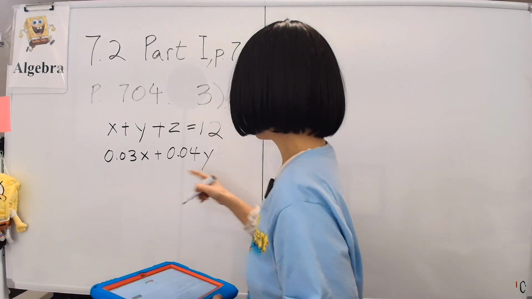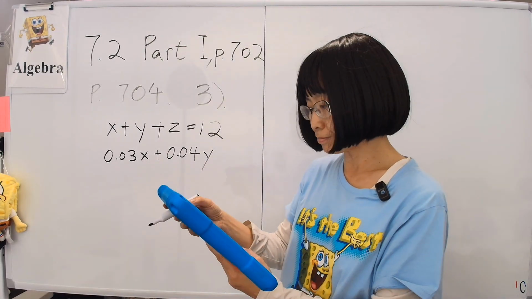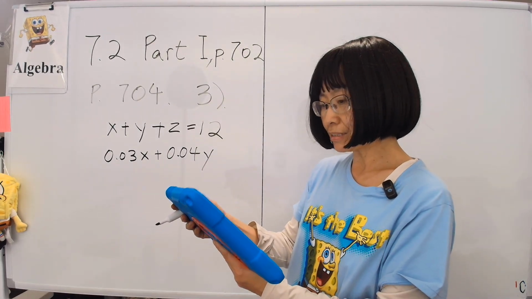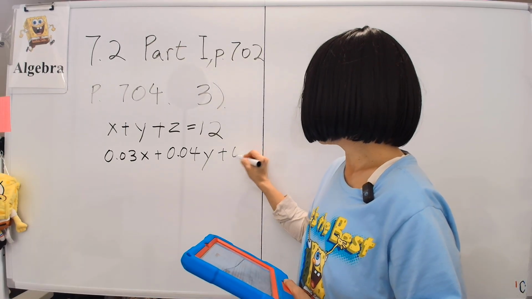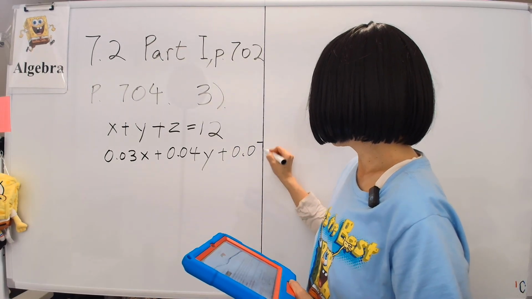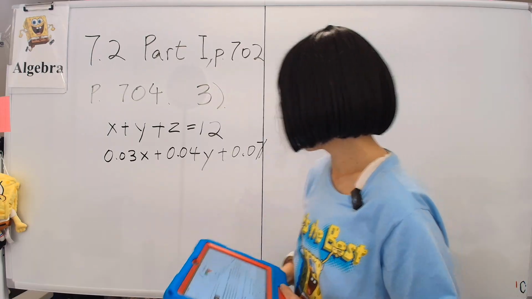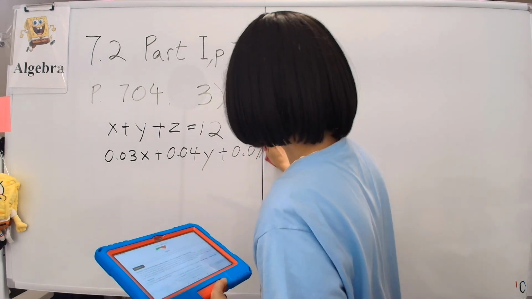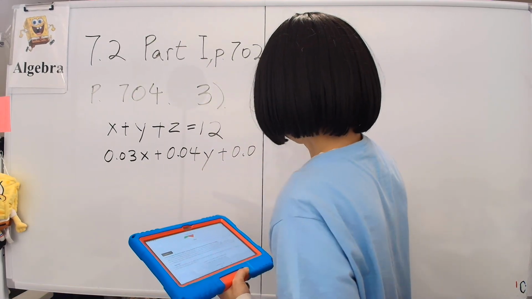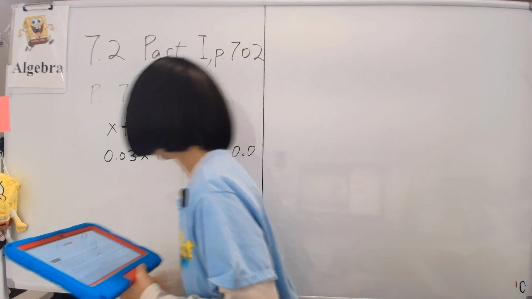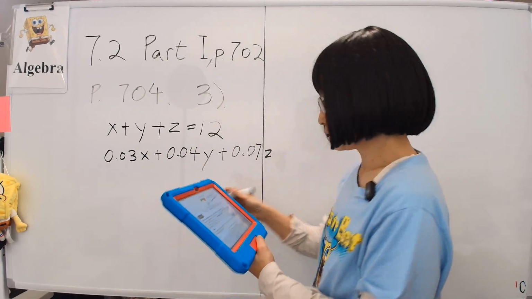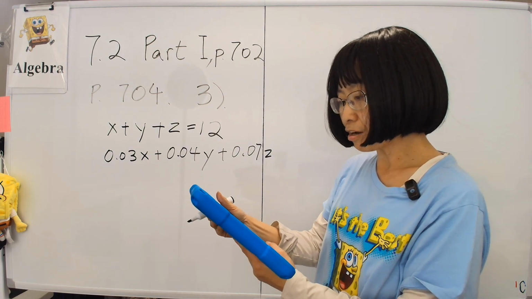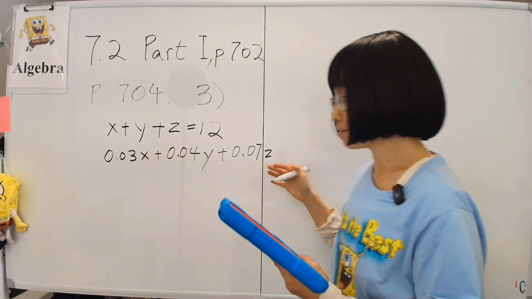And the rest of the money is making 7%, 0.07 times z. All right, so that is all the money that this stuff made.